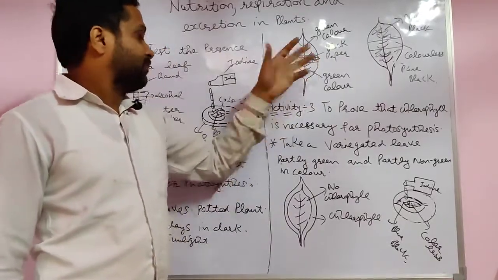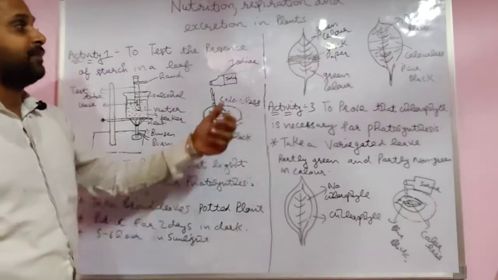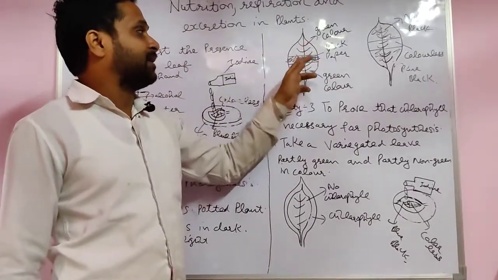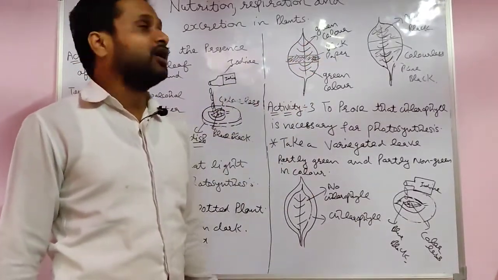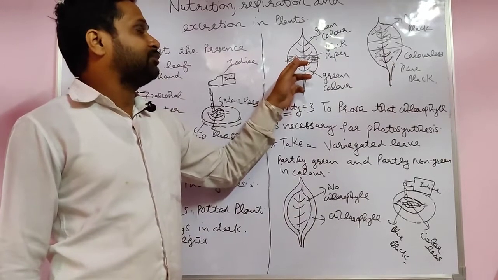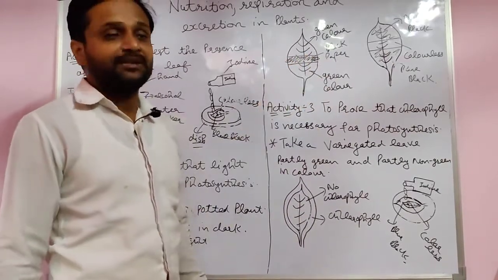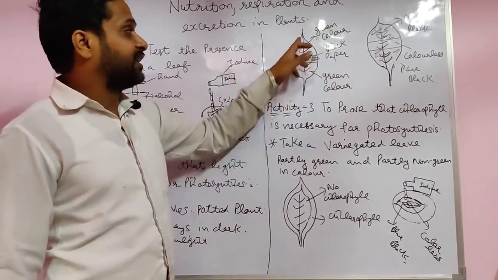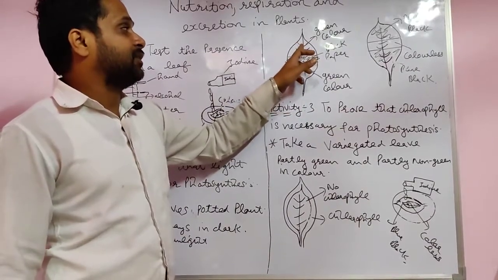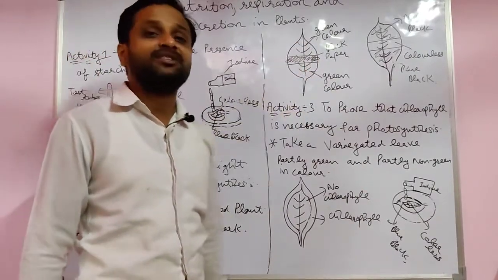Where the black paper is, light will not be absorbed there, it is reflected back. Where the leaf is green and gets light, photosynthesis happens because of the presence of light.